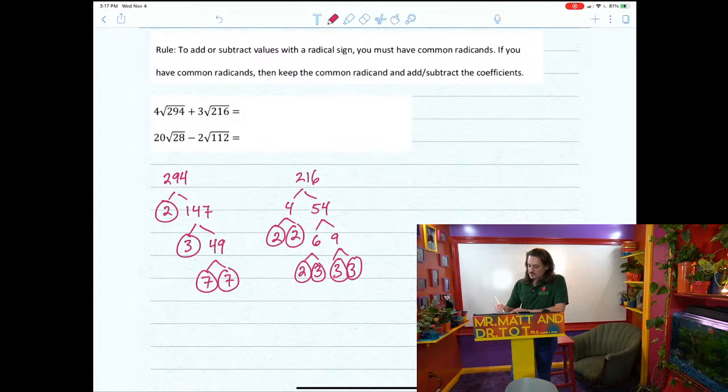So I can rewrite these values as 4 times the square root of 2 times 3 times 7 times 7 plus 3 times the square root of 2 times 2 times 2 times 3 times 3 times 3.